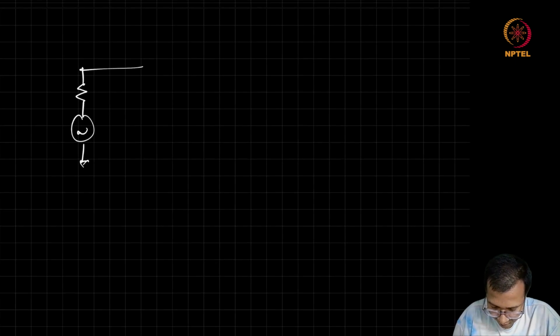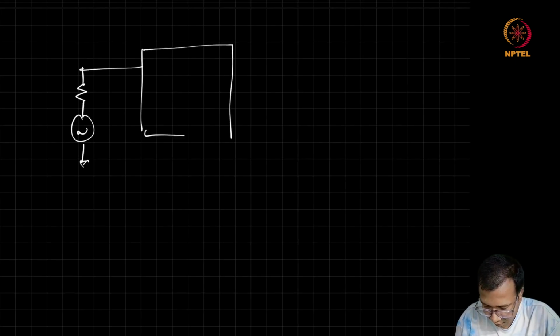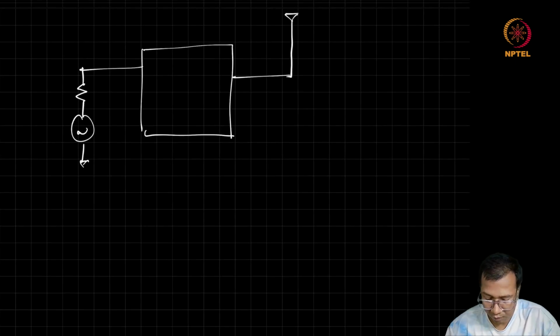So what we may have to do is add a network in between, a two-port network. Here I am not showing the reference for the antenna separately. Many times it is dropped and it is understood that the antenna uses the same reference as the electrical side. Okay.